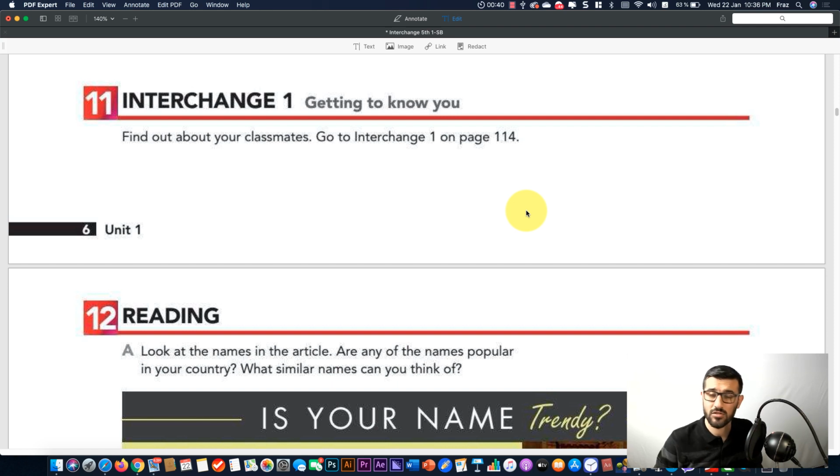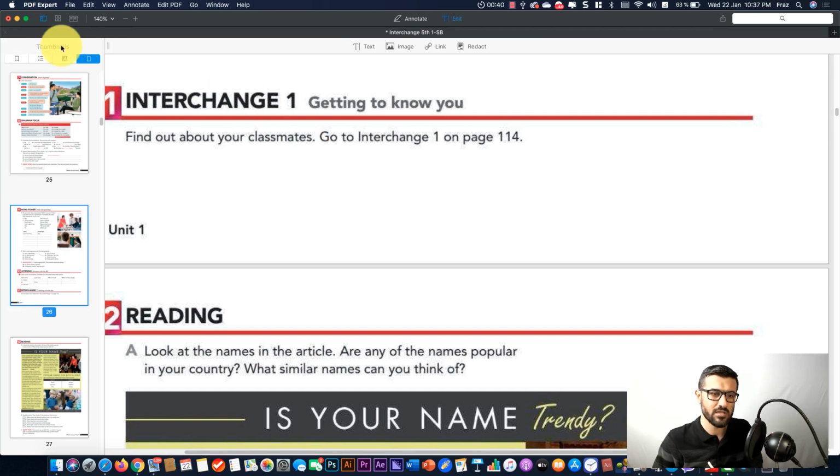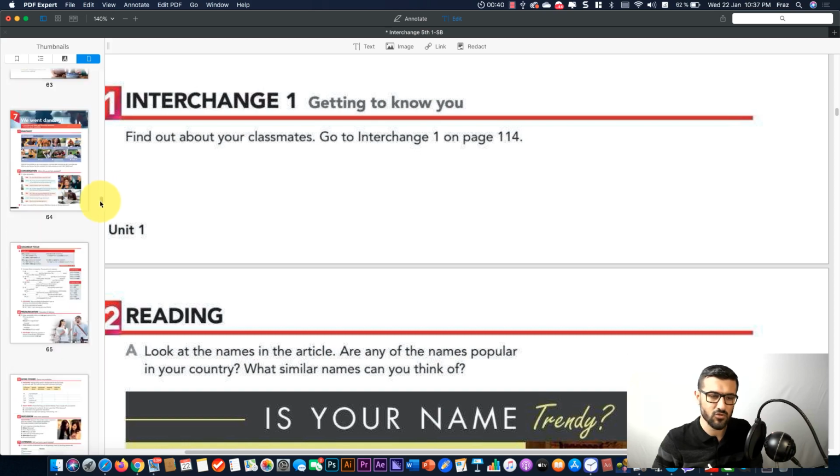You have to do it on your own because each interchange activity gives you more ideas about the content of the unit. For this one, which is on page 114, I'm going to just show you this interchange activity, and for the rest of the other units you have to do it on your own and read the instructions and follow along. So this one is here, right on page 114.